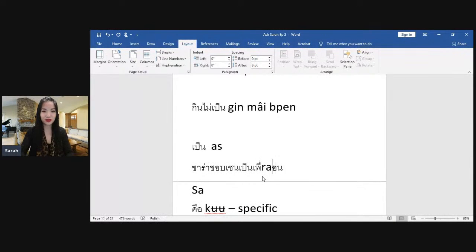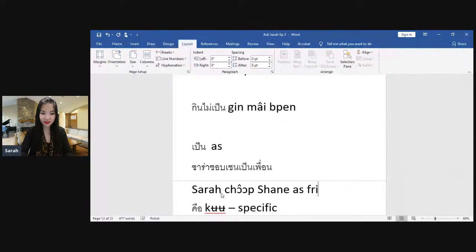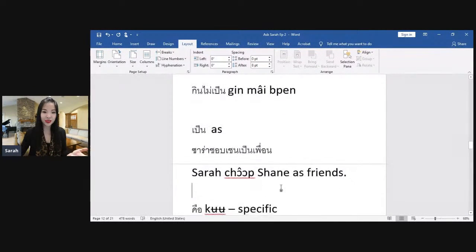Sarah ชอบ, like, right? ชอบ Chen is my friend, my good friend. เป็นเพื่อน, as friends, like this. Hold on, this is transliteration, this is English, sorry.